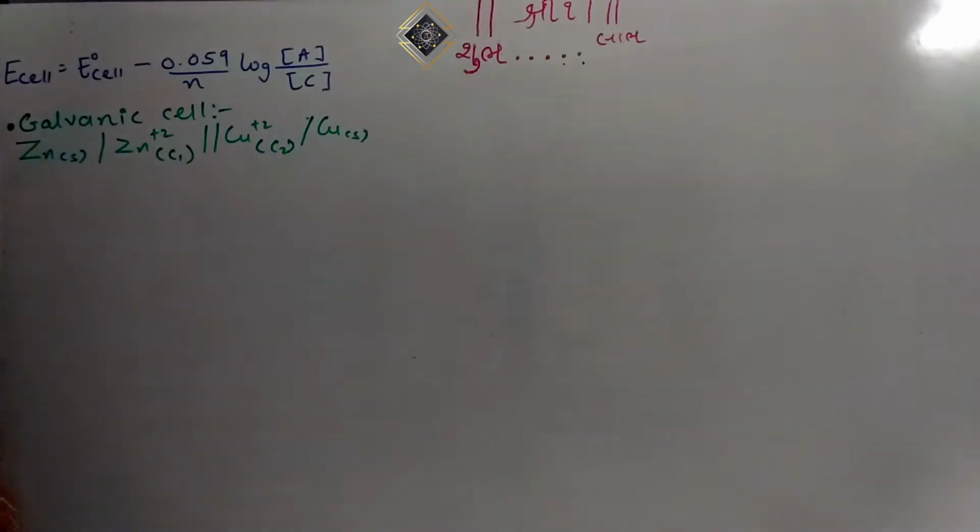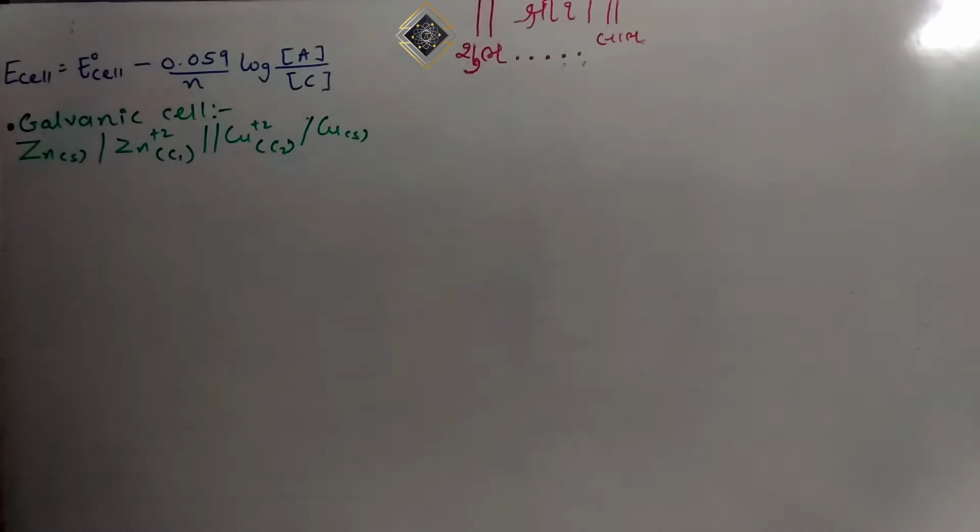The step number first, calculate the E0 cell, that is the standard cell potential. As we know, E0 of the Zn half cell, that is the zinc half cell, is minus 0.76. By default, it is always a reduction potential.